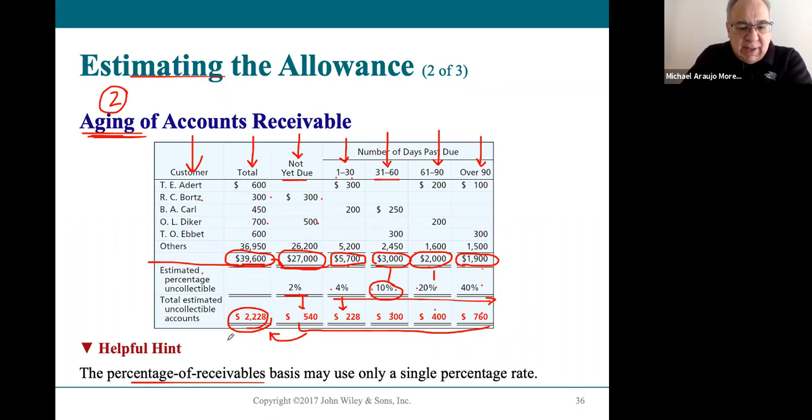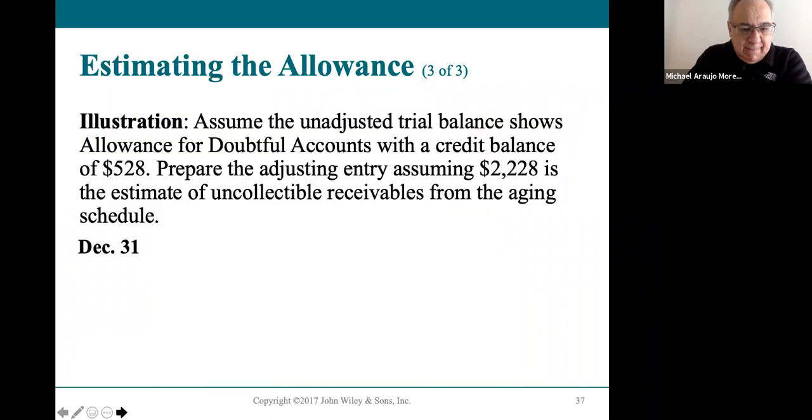So once you've decided this is what your estimate is, you've basically said that should be my balance in my allowance account. Okay. So what you've just done here is you have estimated your allowance account should be $2,228.